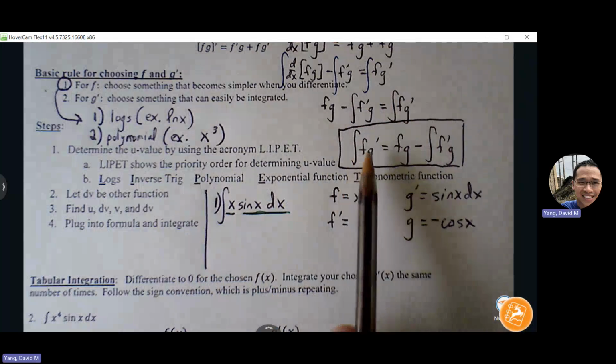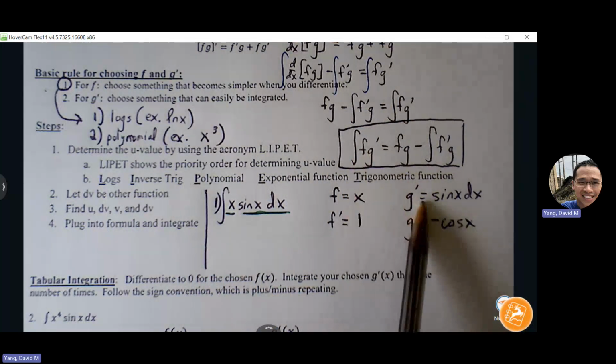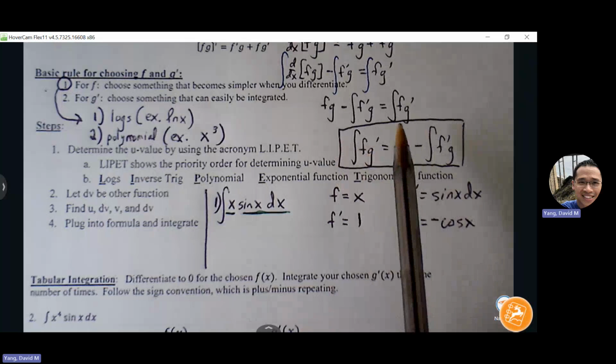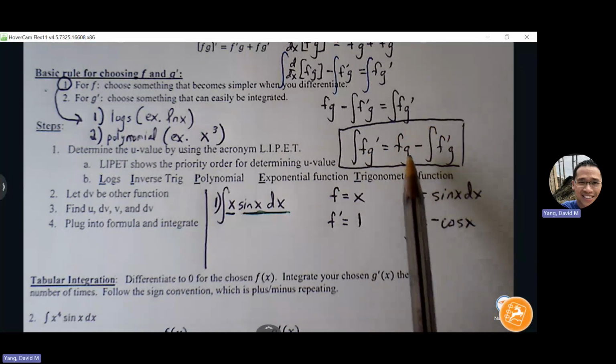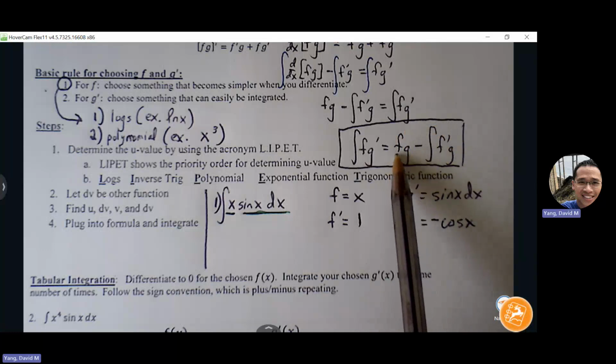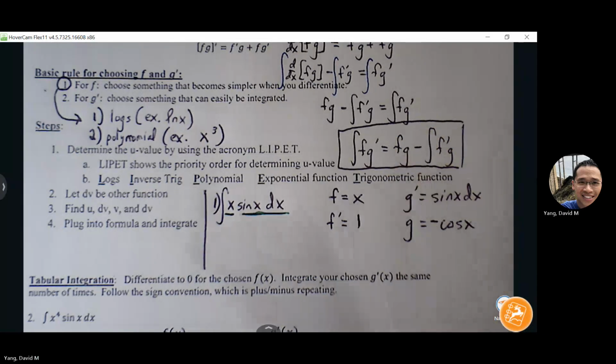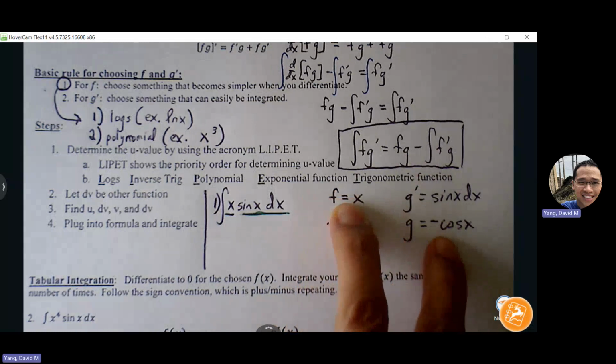So we have f and g prime identified, right? That's the left side. And we just have to figure out how to fill out the right side. That's going to be our next step. So f times g. What's f times g going to be? x times negative cosine x. This is part of my final solution.